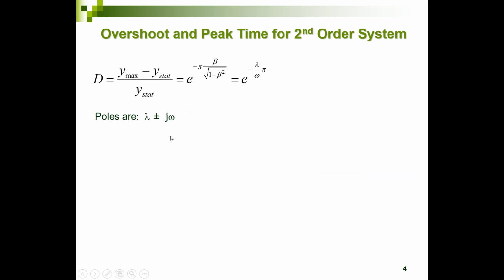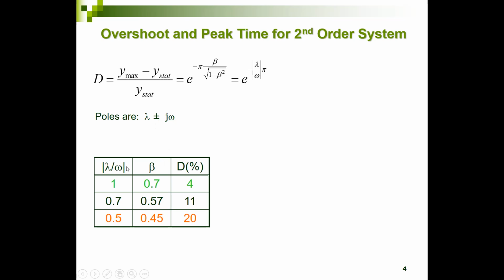So again, we have calculated the overshoot and we know the values of the poles. And suppose we know lambda and omega from our transfer function. When we know that lambda over omega is 1, we can calculate the corresponding beta value and we can calculate the corresponding overshoot when applying a step signal to the input.